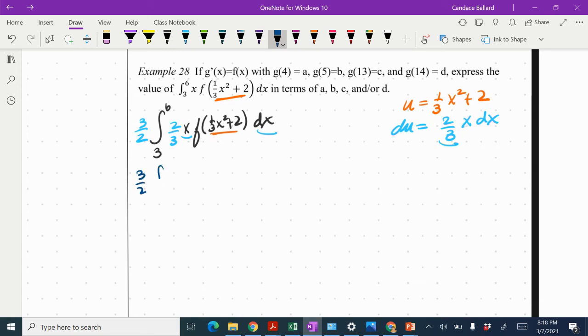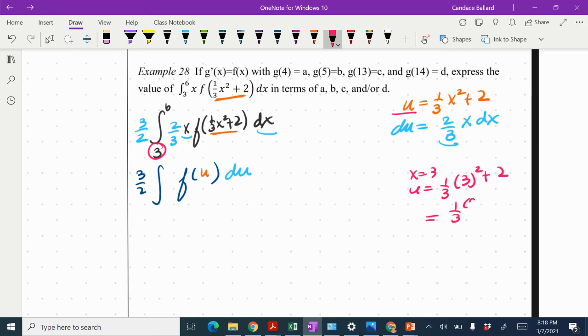So we've got 3/2. I'm going to do my substitution in. So my orange is going to become the u, and then the blue part is all going to become the du. I now need to change my bounds. So 3, I'm plugging into u. So x equals 3. I get u equals 1/3 times 3 squared plus 2. Well, 3 squared is 9. 3 goes into 9 3 times, plus 2 is 5.